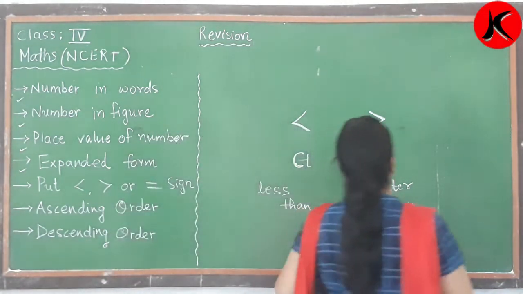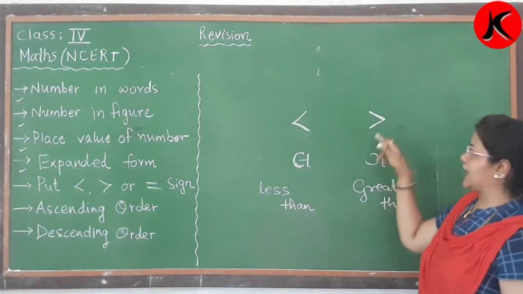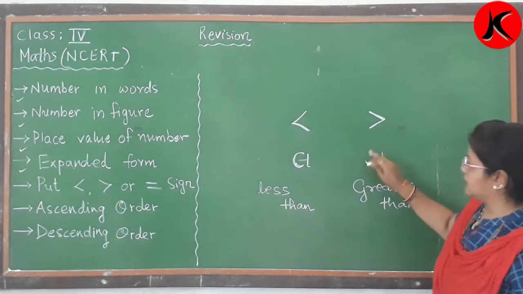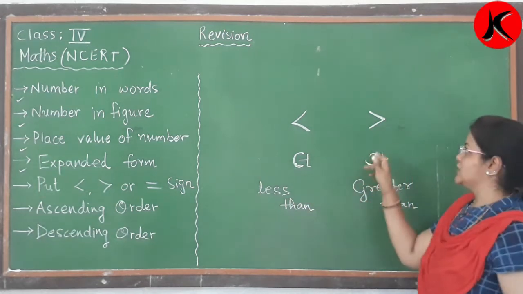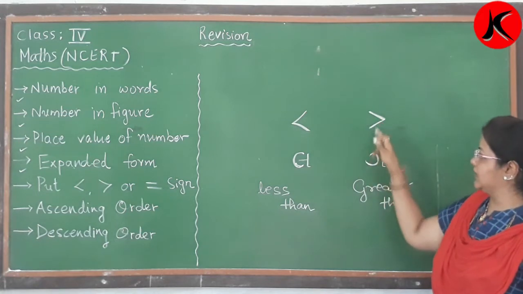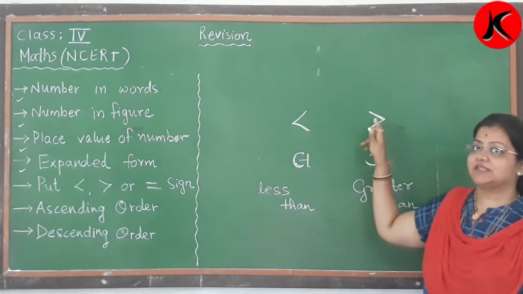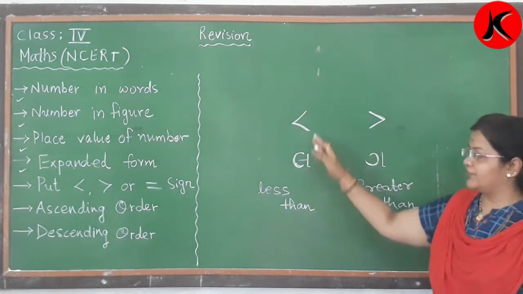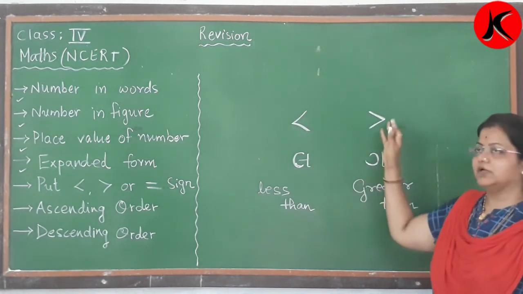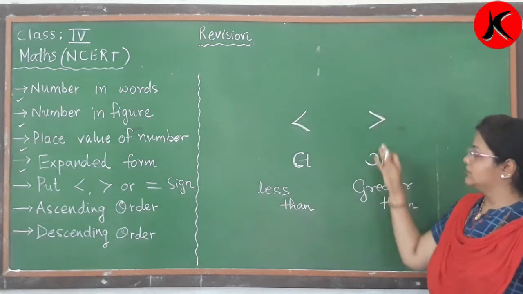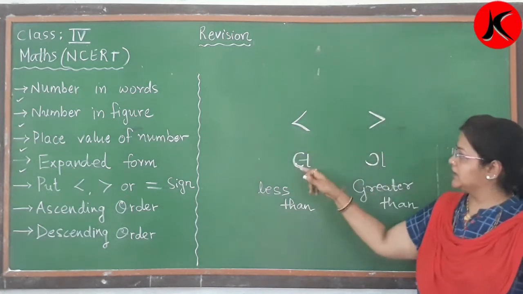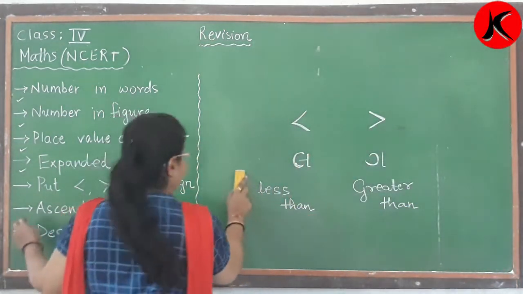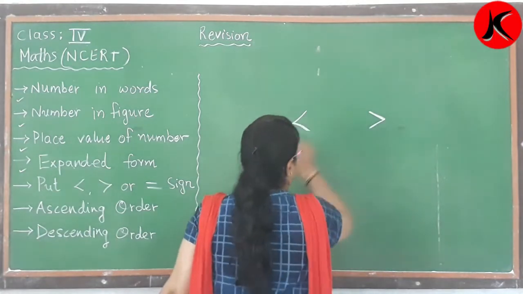And for this one, the mouth, these two lines open on this side, and this curve line also opens this side. So this is greater than. Okay, clear? Law for less than and go for greater than. Both faces are in this way.